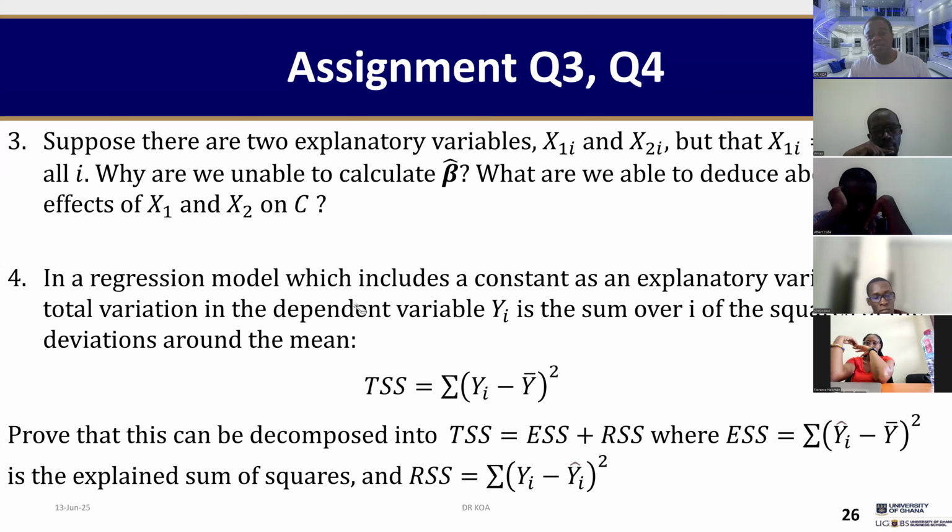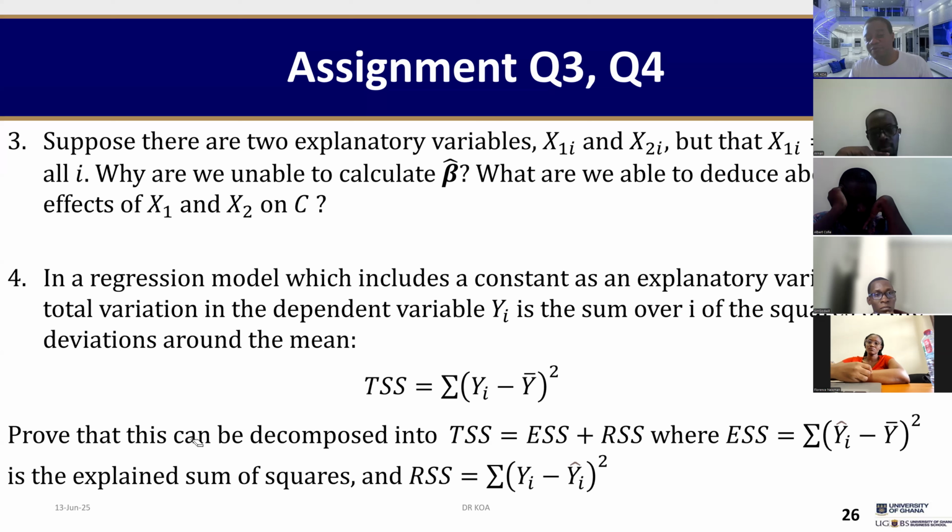Now, in a regression model which includes a constant as an explanatory variable, if you have a constant, the total variation in the dependent variable, that is the TSS, is a sum over i of the squares of all the deviations around the mean. We normally calculate it like this. That's the TSS. Remember, this time I'm not using the C, I'm using the Y as a dependent variable.